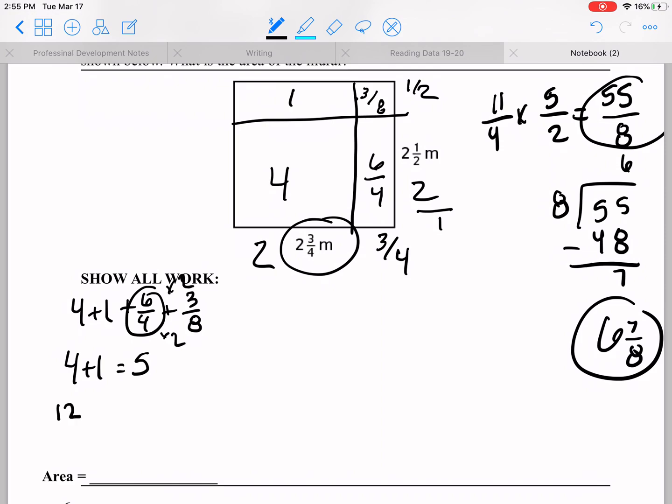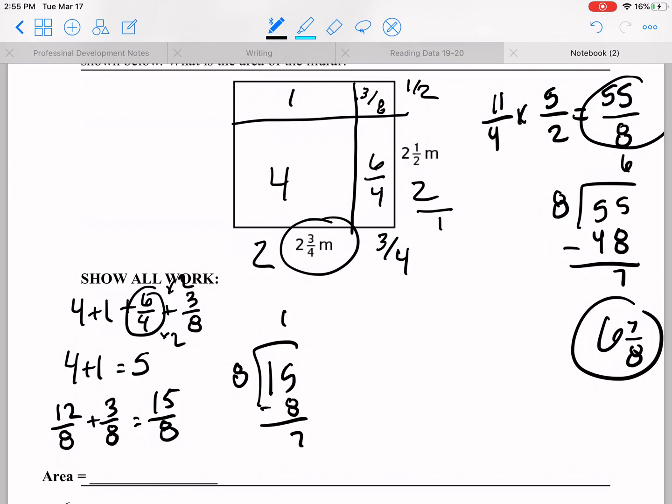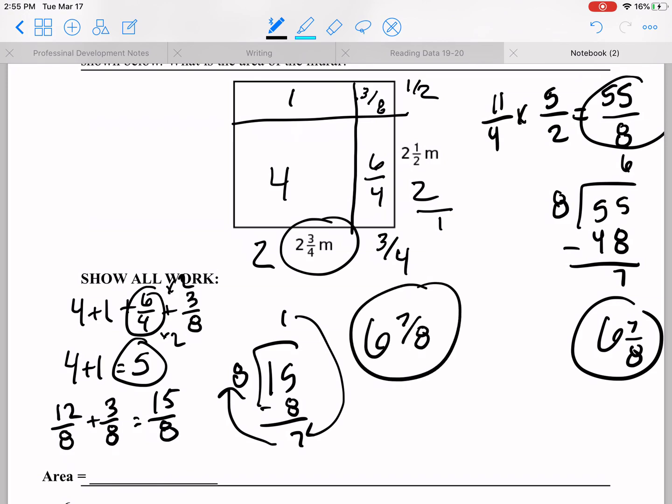So we'll have 12 eighths instead of 6/4 plus 3/8 gives me 15 eighths. Divide that back out, goes in once. And I get 1 7/8, so I just add my 5 and my 1 7/8, and I end up with, no way, same thing as before, 6 7/8.